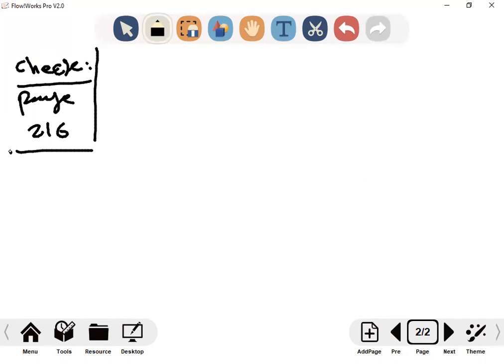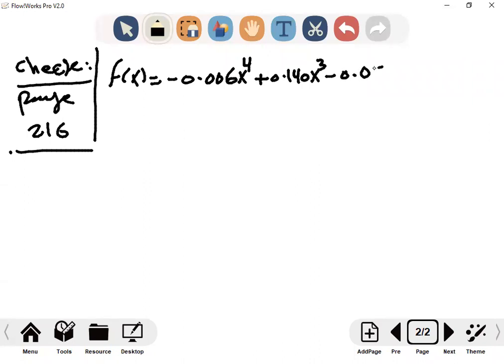The change of a die can be modeled by f of x equals negative 0.006 x to the power of 4 plus 0.140 x to the power 3 minus 0.053 x to the power 2 plus 1.79 x.